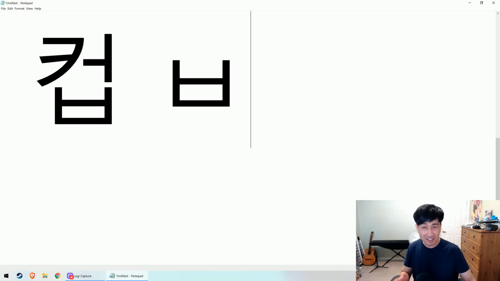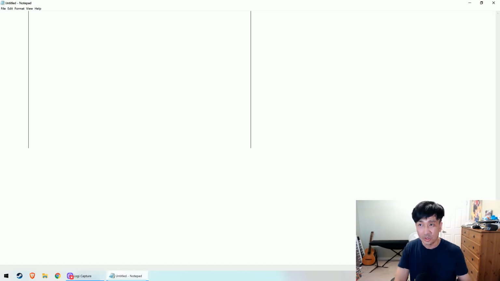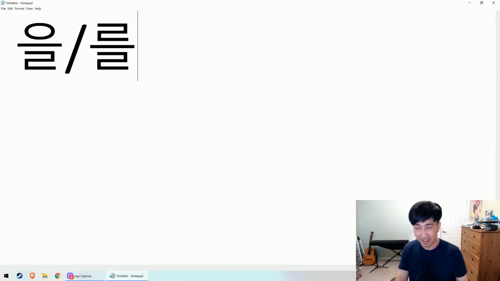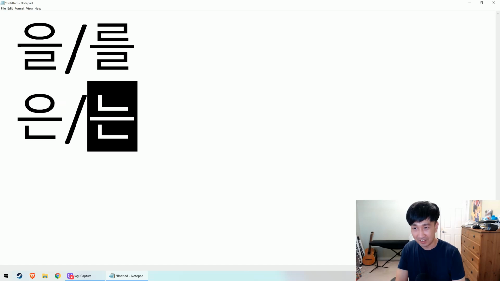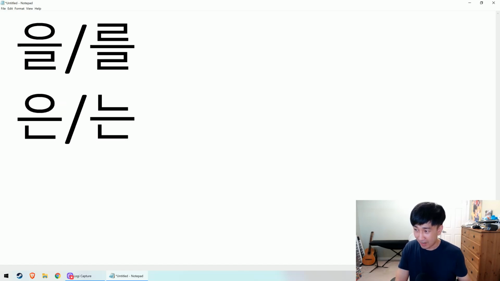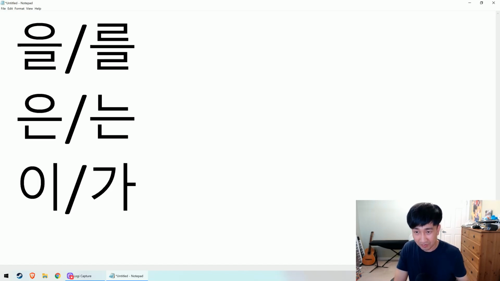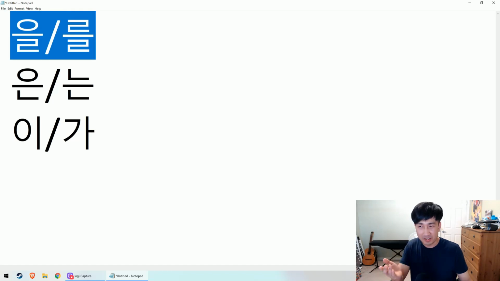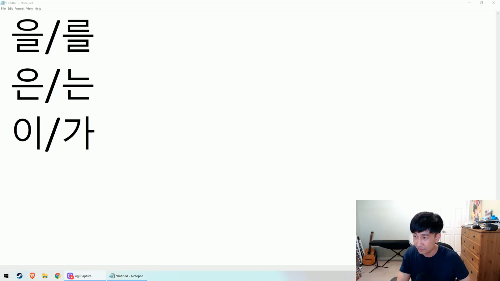Now, why is this important? Sometimes you have particles like ul and lul, and un and nun, and e and ka and stuff like that. There's always two versions, but they mean the exact same thing.